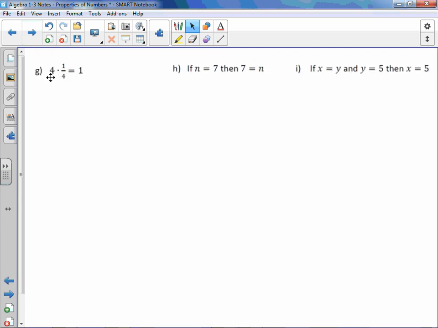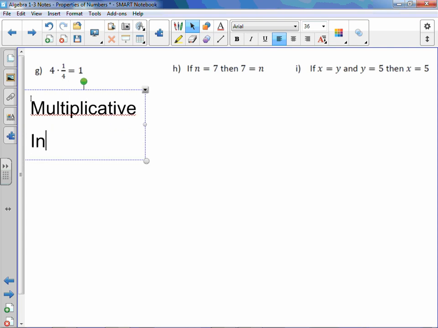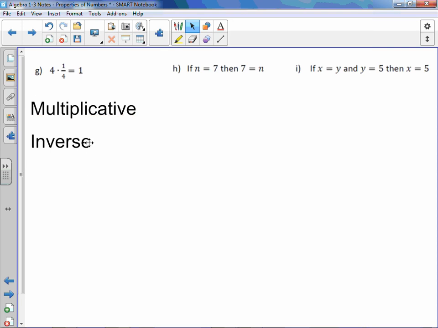G, we are taking a number and multiplying it by its reciprocal, which means this is the multiplicative inverse. Letter H, if n equals 7, then 7 equals n.